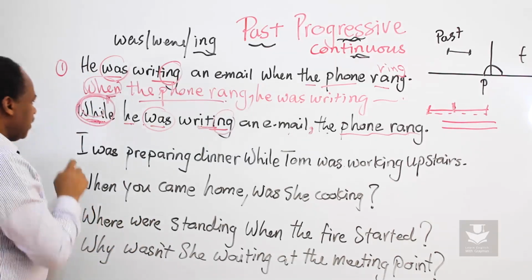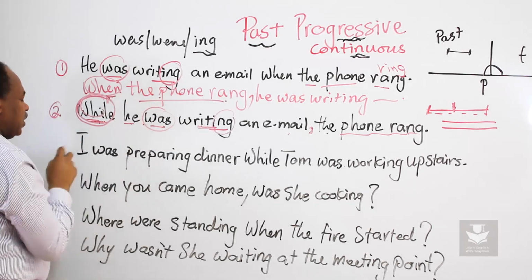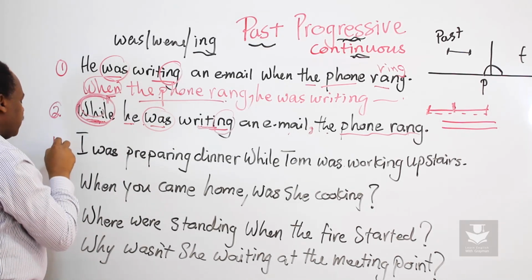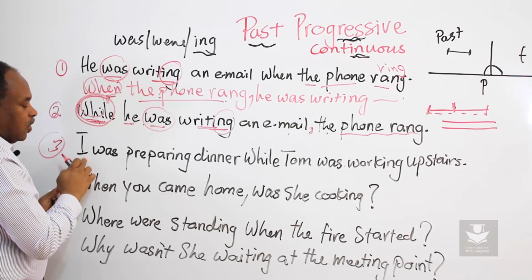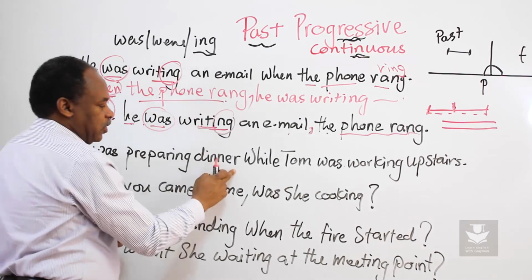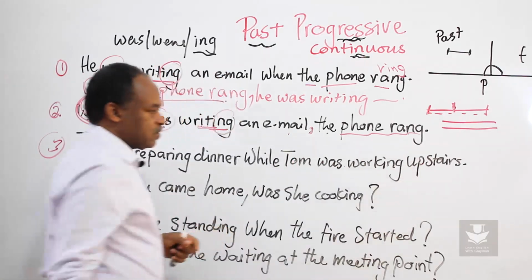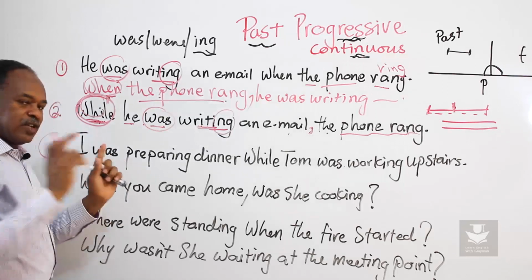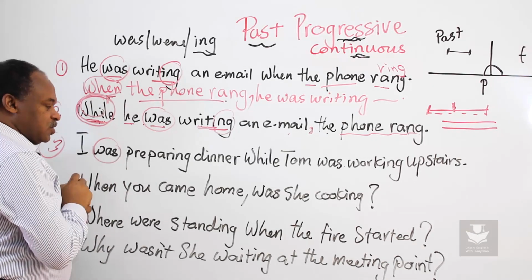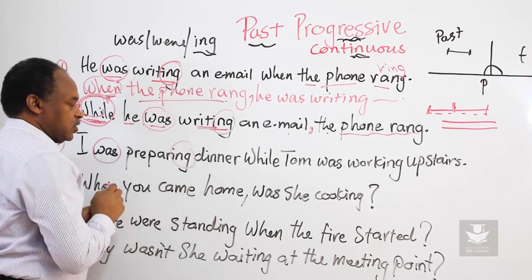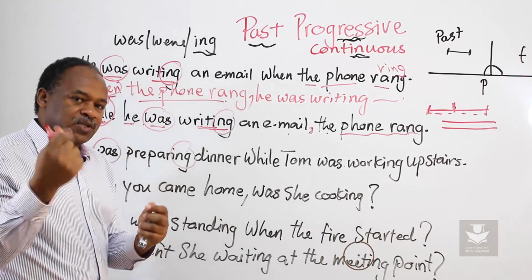Okay, let's look at this number 1, number 2. I've written an extra one here. This number 3. Now let's look at this. I was preparing dinner while Tom was working upstairs. These are two different actions. The first one, I was, past, preparing, continuous. I was preparing dinner. Preparing dinner does not happen in just a minute.